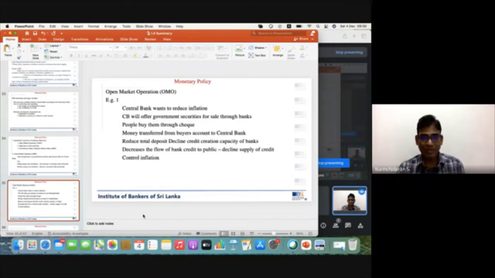If you simply, without going through each and every step, think from starting point A to the end point: the central bank sells government securities, then public money goes to the central bank.